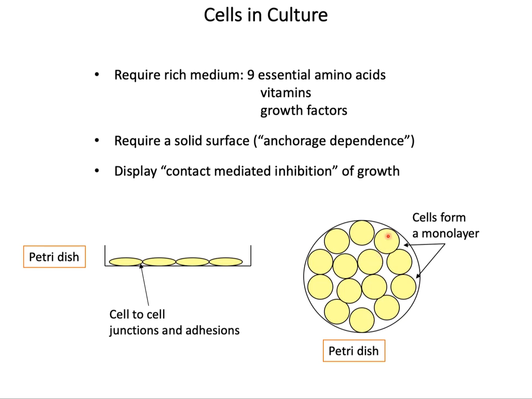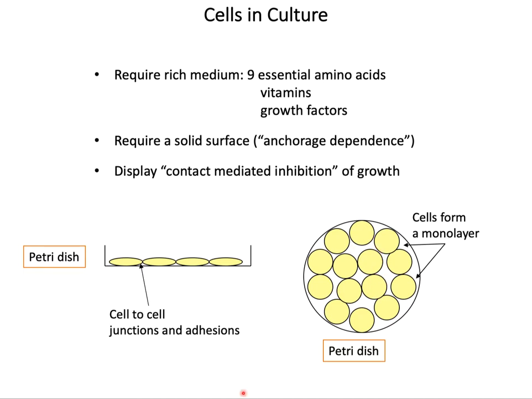What I mean by that is, the cells will grow in the tissue culture dish as a single layer, and as they grow and fill that dish, they begin to touch each other and form junctions and adhesions. Once that happens, they stop growing. So you end up with a monolayer in the dish that's not growing anymore. So all of the properties that you see on the slide are of normal cells, not transformed cells.